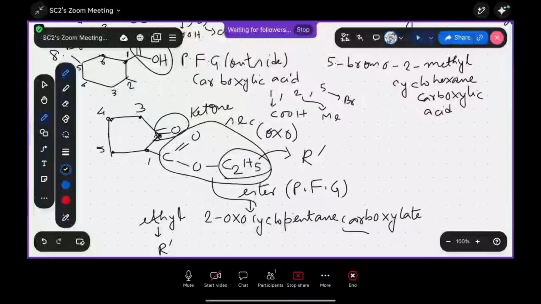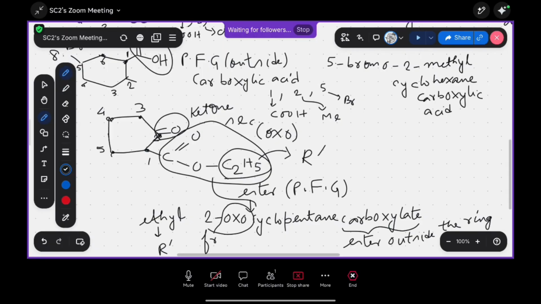The ester functional group is outside the ring, so we use carboxylate. 2-oxo is the prefix that we use when ketone is the secondary functional group.